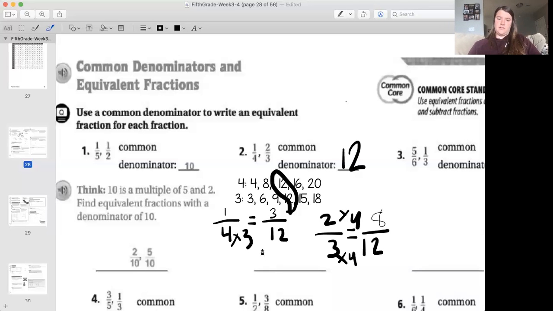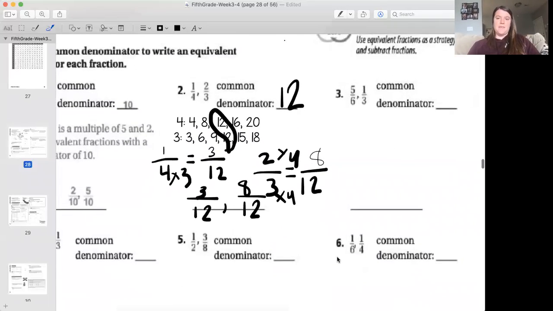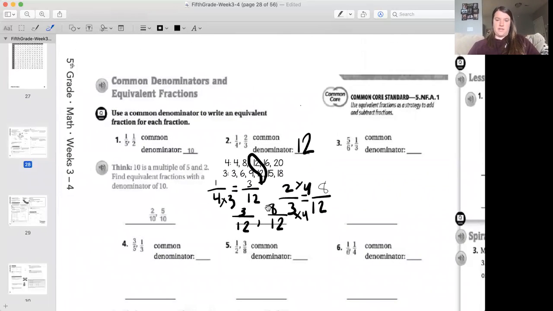So my new answers down here would be 3/12 and 8/12. And that's all they want you to do here. Okay, just what you've been doing. We're getting a lot of practice on this apparently. So I'll leave that sample there so you know what it is you're being asked to do.